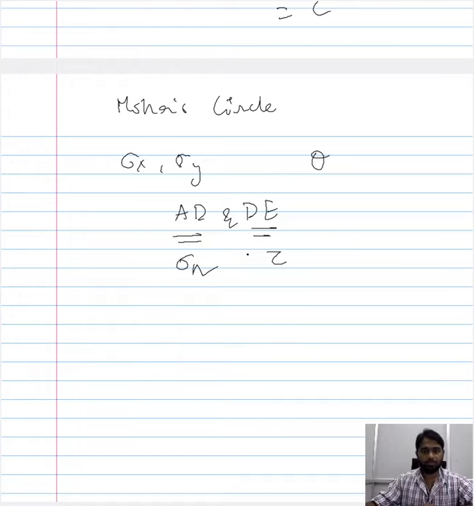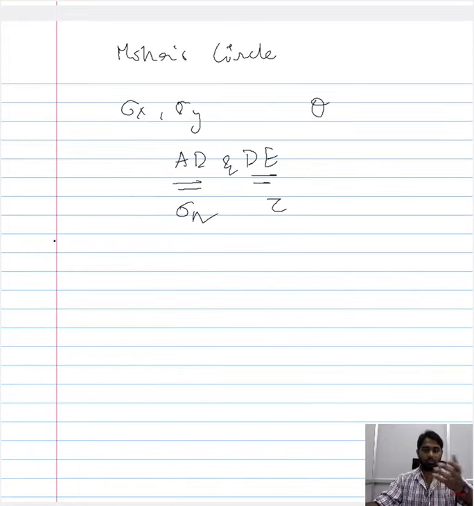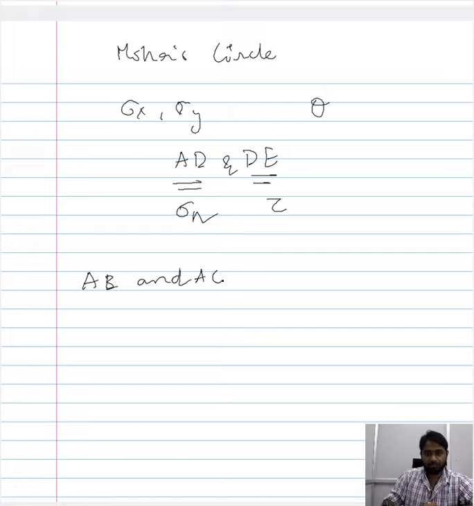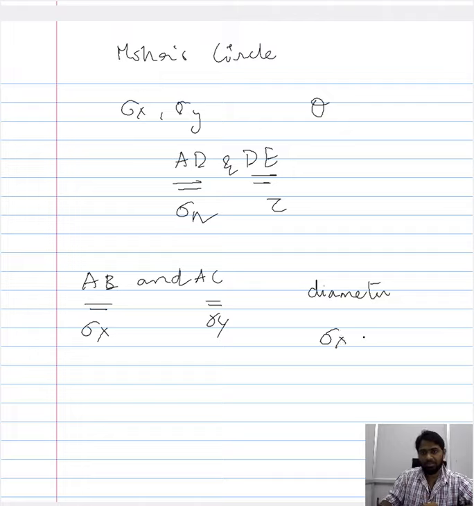So ultimately, if I could give you a recap of how we built the Mohr circle, we considered two segments AB and AC. These segments correspond to sigma x and sigma y, and based on this we plotted a circle with the diameter sigma x plus sigma y, or rather sigma x minus sigma y.